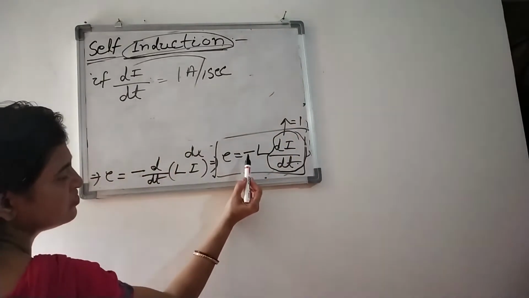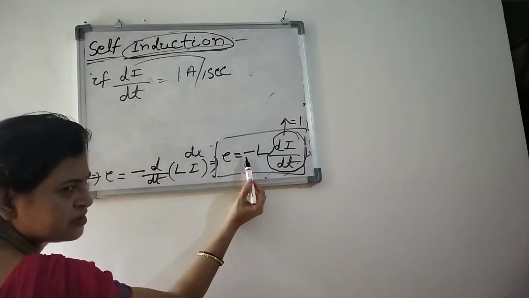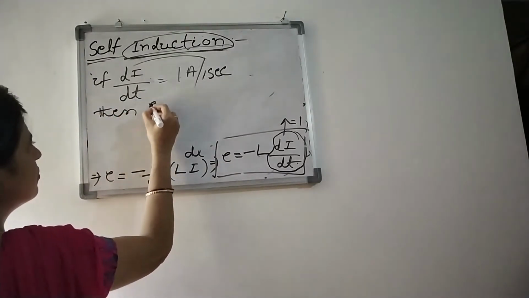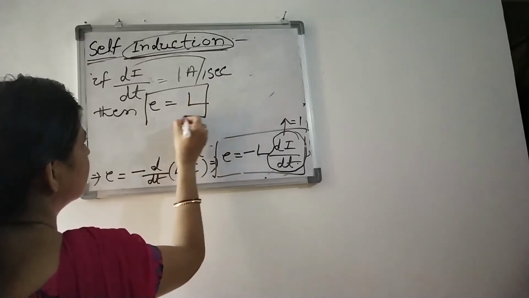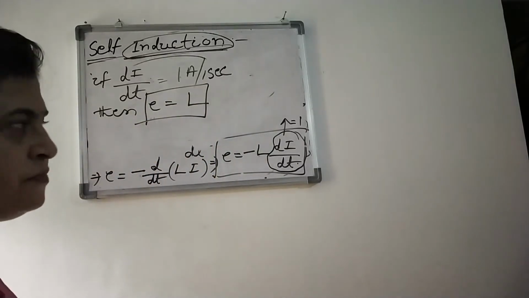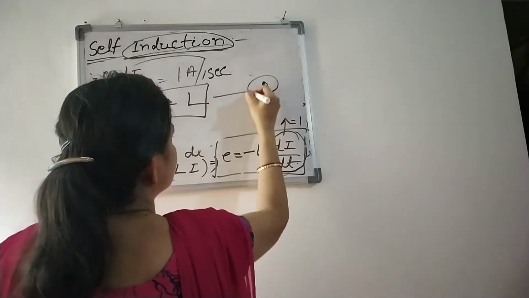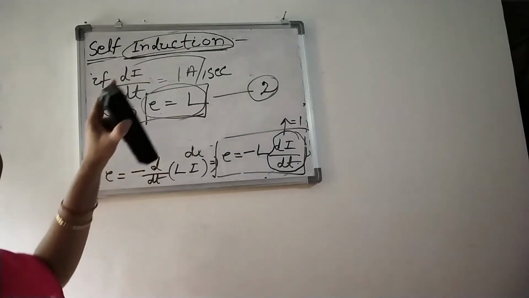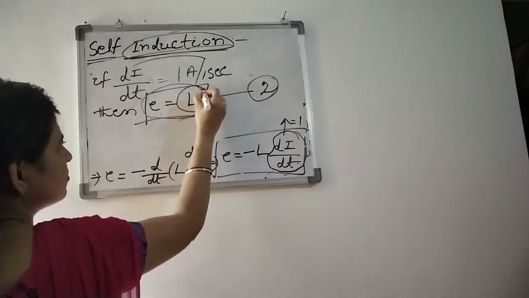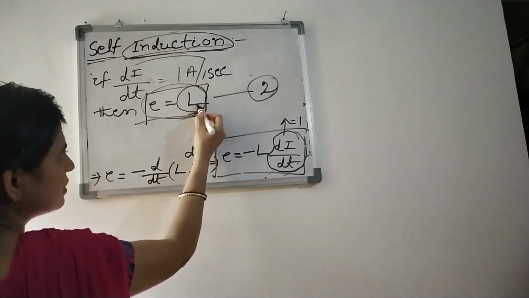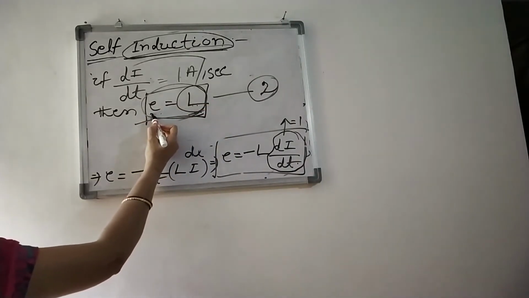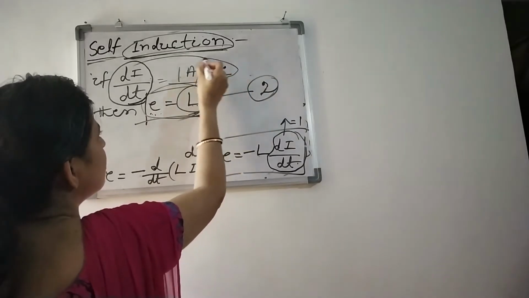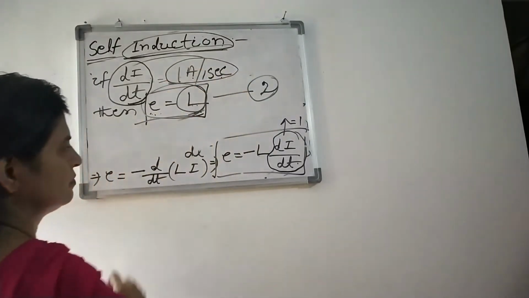Then you can write E is equal to minus L, or if you consider only magnitude, E is equal to L. Clear? Now from this formula, what is the conclusion? That means this is also self-inductance. Self-inductance is equal to the EMF when the rate of change of current is equal to 1 ampere per second.